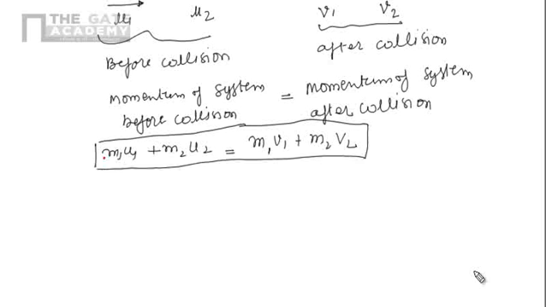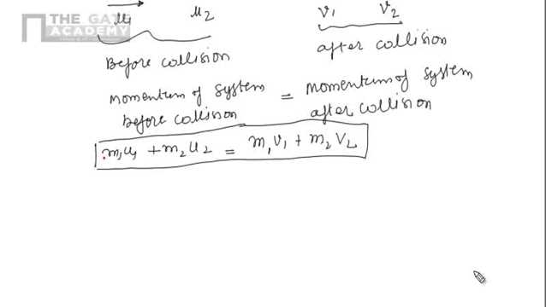Similarly, the law of conservation of momentum is applicable for angular momentum also. So we have to take the proper analogy. Like there is linear momentum in rectilinear motion, similarly in rotatory motion there will be angular momentum. So we can define the law of conservation of angular momentum the same way.